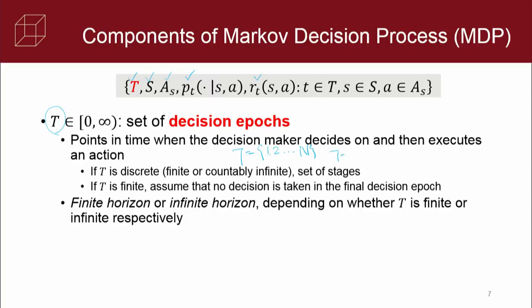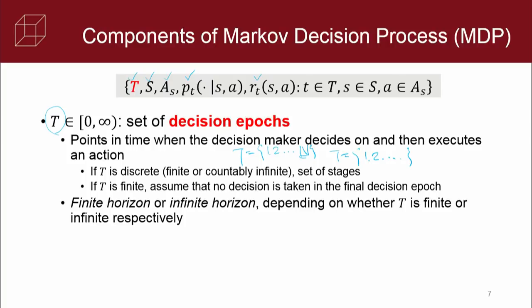So that means T is 1, 2, up to infinity. So these are examples of the set T. And T can be either finite or infinite. If T is finite, we assume that in the last stage, for example, this stage, no decision will be made.